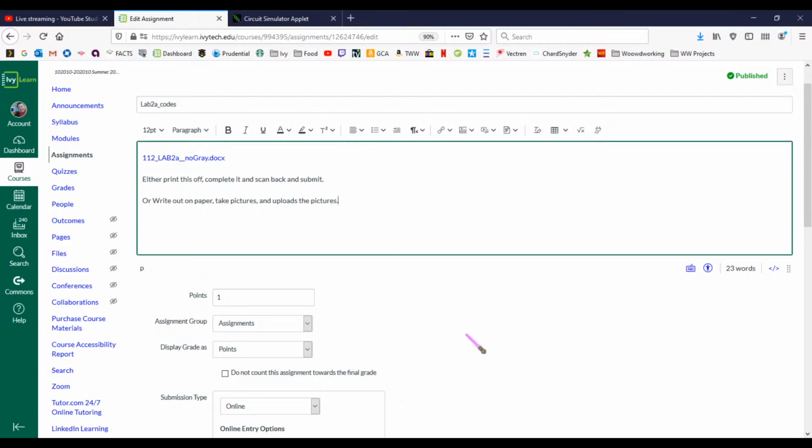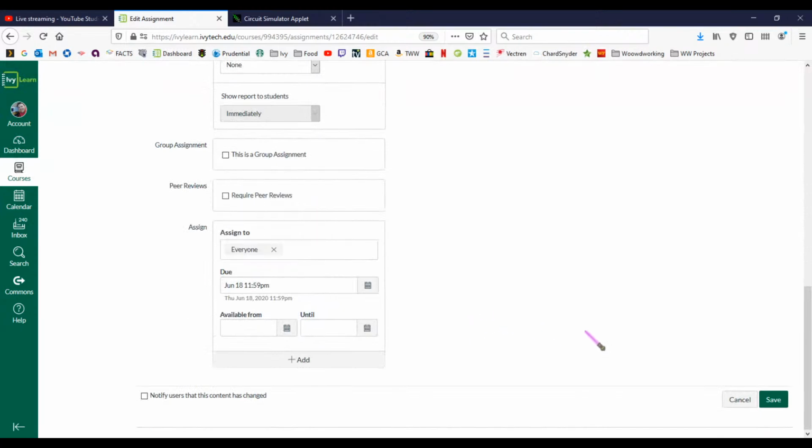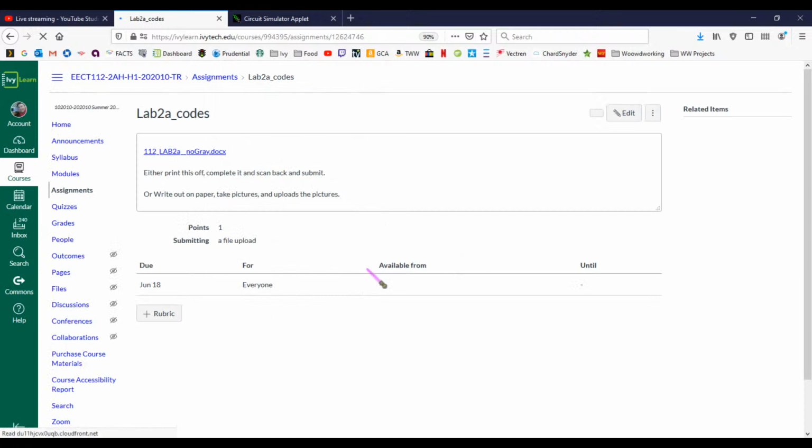Okay, I don't care which way you do it. But this one, let me go ahead and save this, because this one's only front page. The last one was front and back. This one's just front page. So let me go ahead and open this up.